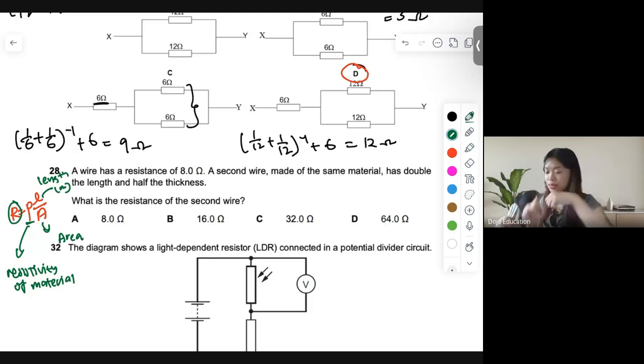Okay, so in this case, question 28 is a little bit trickier. Let me think, should I give you maybe 1 minute to try it out yourself using this formula? Okay, I'll give you 2 minutes to try out this question yourself using this formula, and we'll go through after the 2 minutes, okay?